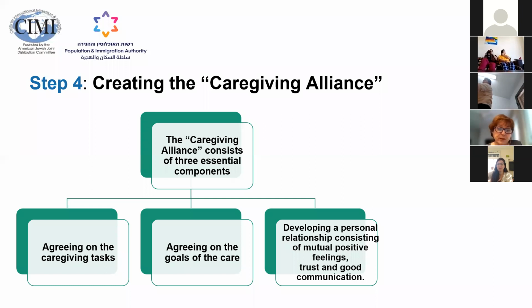Caregiving alliance, right? Agreeing on the caregiving tasks. Well, sometimes it takes a while to agree on the tasks. And maybe at first it may be overwhelming to you what they expect from you. And so, okay, in the beginning, maybe a little less. And slowly, maybe it can go either way. They could expect more from you as time goes by or less from you as time goes by.